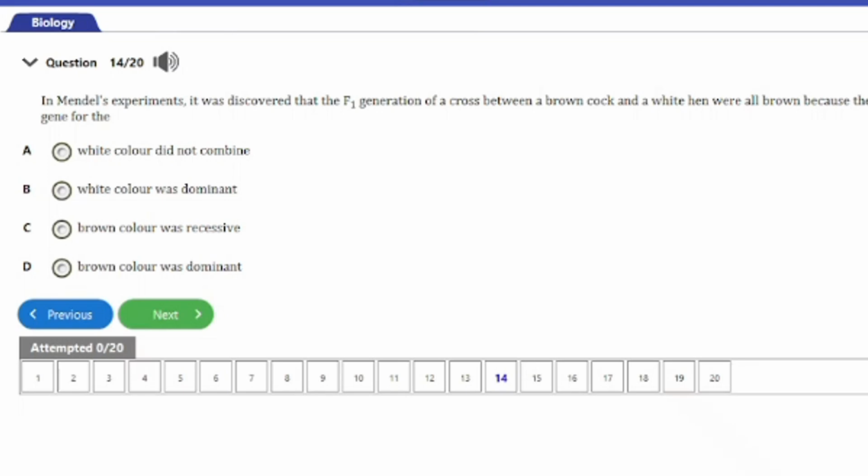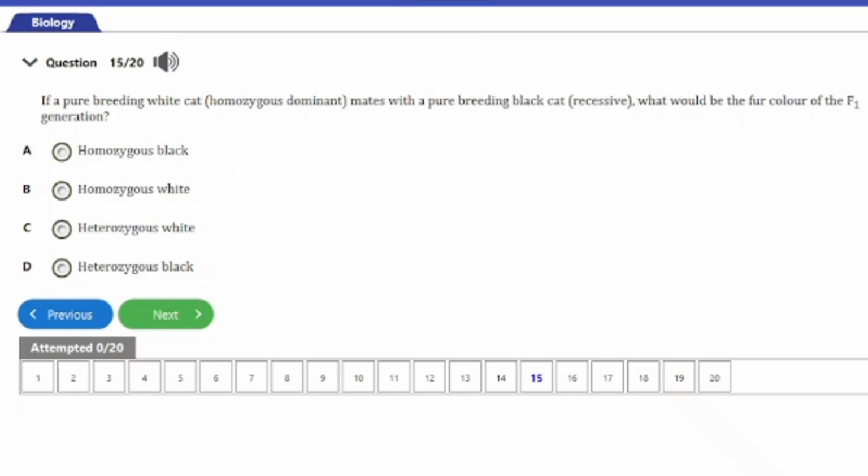C, brown color was recessive. D, brown color was dominant. So guys, the answer to this question is option D here. The gene for the brown color was dominant, and that's why all the F1 generation were brown color. So that's it for that question. Let's consider the next question.